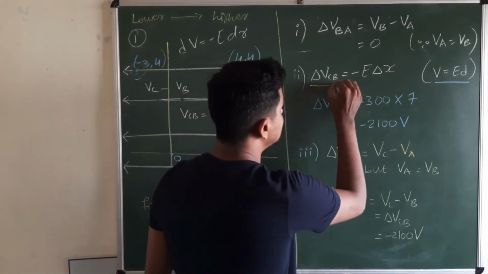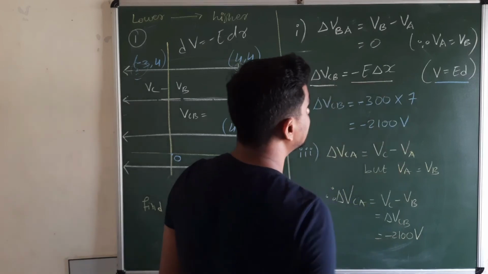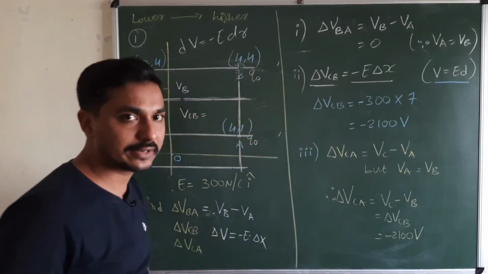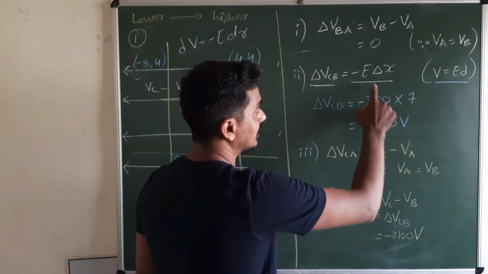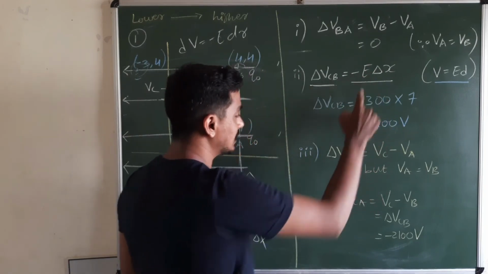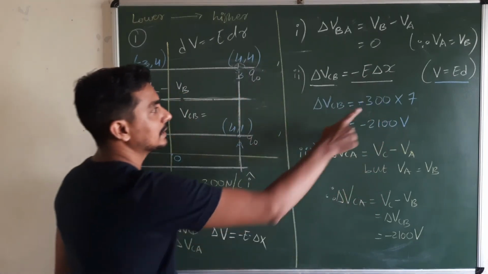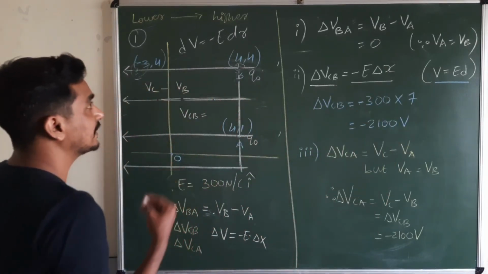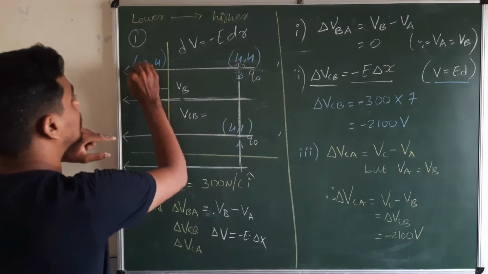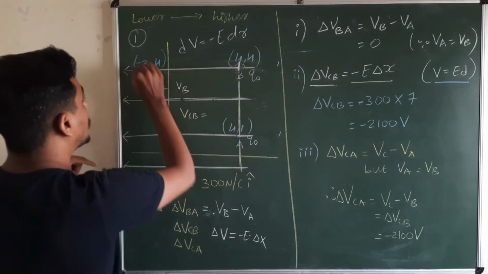So delta VCB is equal to minus E dot delta X. This is the equation we have. Here E is minus 300. See, minus sign, the electric field in this direction is given. 300 into 7. Why 7? How much is the distance between these 2 points?